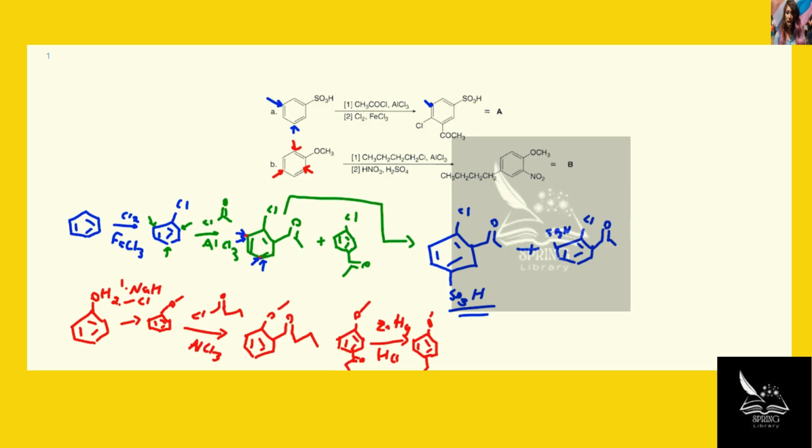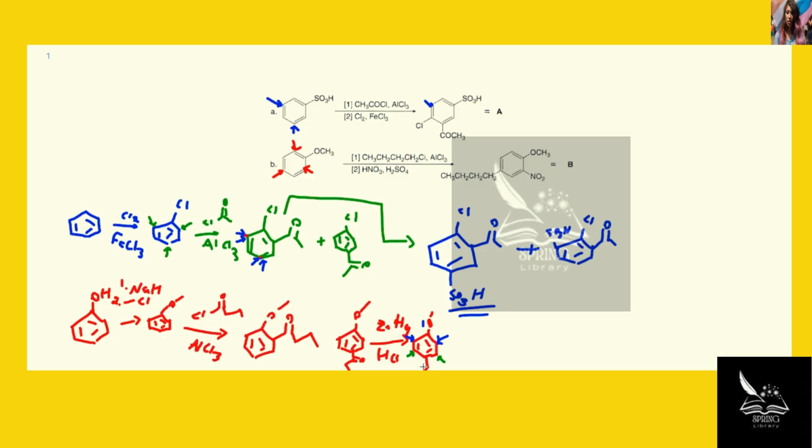And now what we have is 2 directing groups. We have ortho-para directing from this methoxy, and ortho-para directing from the alkyl group here. But in terms of strength, the methoxy is a much stronger directing group than the alkyl group, because the methoxy is donating electron density through resonance, while the straight chain carbon group is donating through inductive donation.